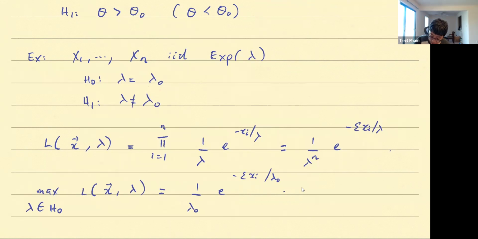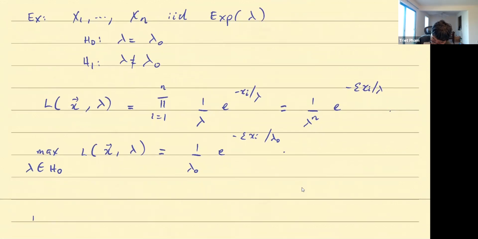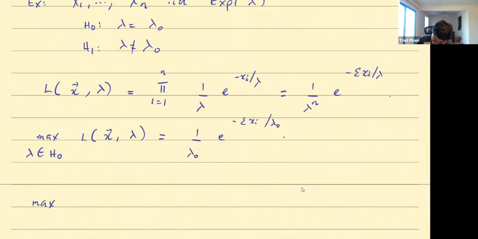On the other hand, the max over everything would be what? Now you see the point of this notation. It means that you take both the scenario under the null and the alternative into account.